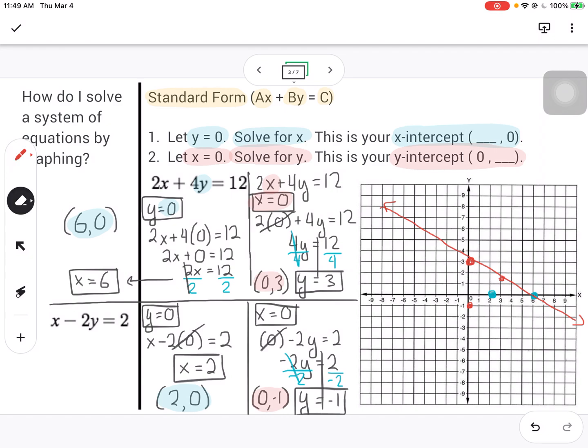It actually looks like I could have drawn this line a little bit neater. So our line should go nicely through those points. And this one should go nicely through these points. Again, it's a lot easier if you have an actual ruler.